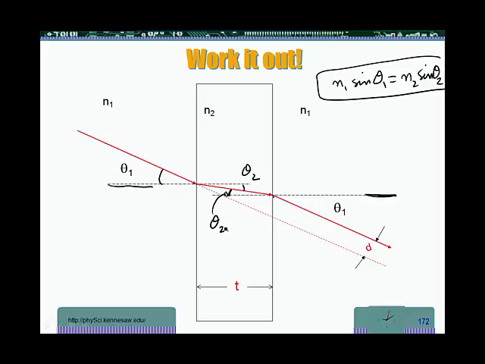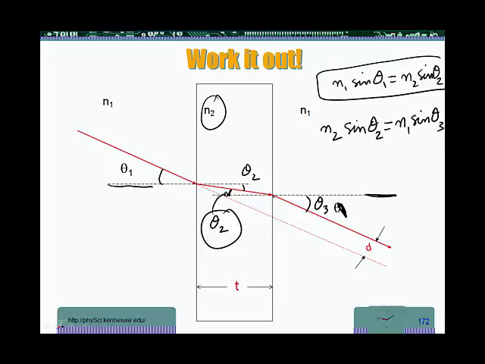So my angle of incidence for the second interface is going to be theta sub 2. Snell's law for the second interface is going to be written as the index of refraction, in this case n2, times sine of the angle of incidence, sine theta sub 2, and that should be equal to n1 sine of the new angle of refraction. Let's call it theta sub 3.